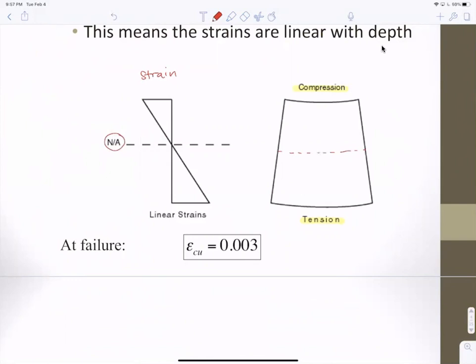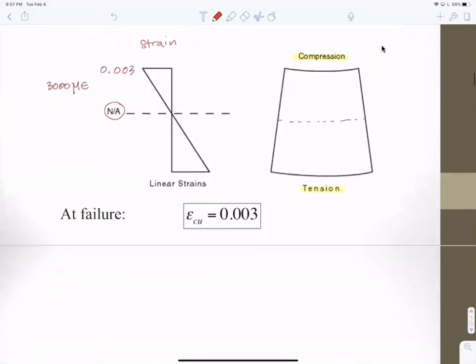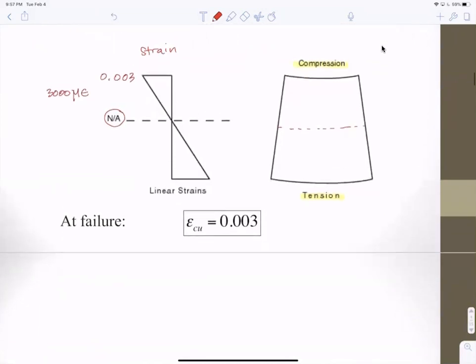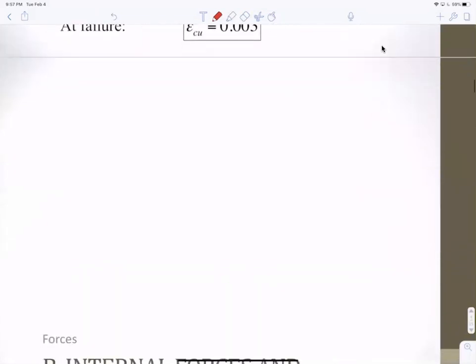What we're also going to assume in this class is that when the compression concrete fails, the strain is 0.003 or 3,000 microstrains. Micro means divide by a million. So at failure, the strain of concrete is 0.003, and the strain is linear with depth.